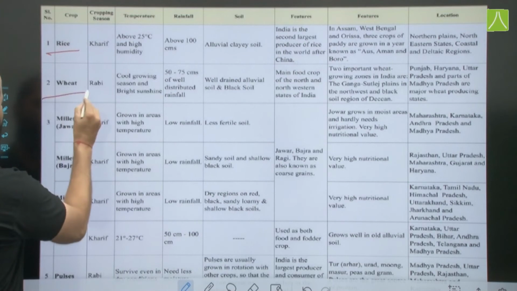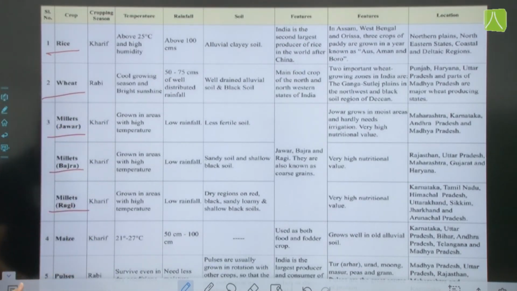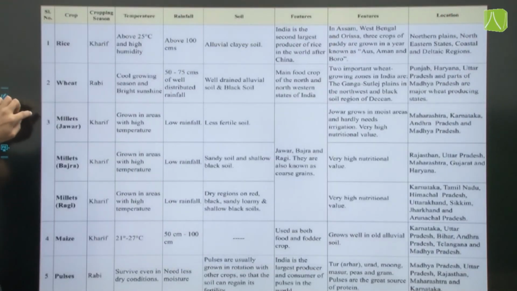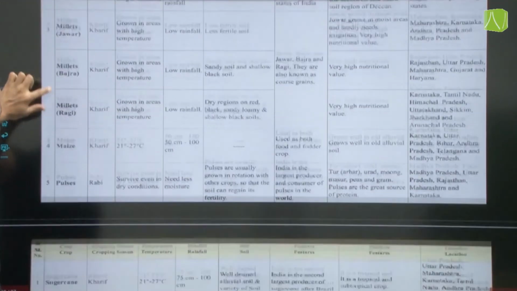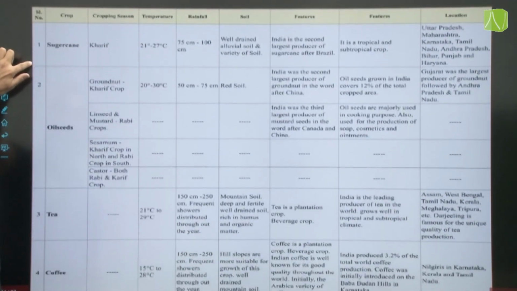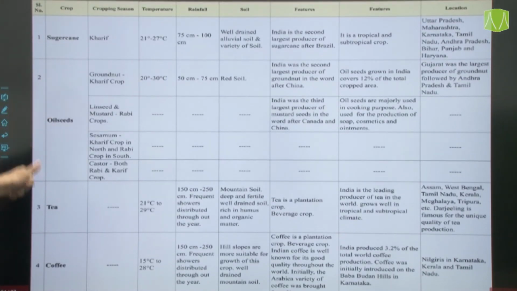Second is wheat, then in millets we have jowar, bajra, ragi, maize, and pulses. You can take a picture of this if you want. Next is sugarcane, oilseeds, tea and coffee, with all the same details.